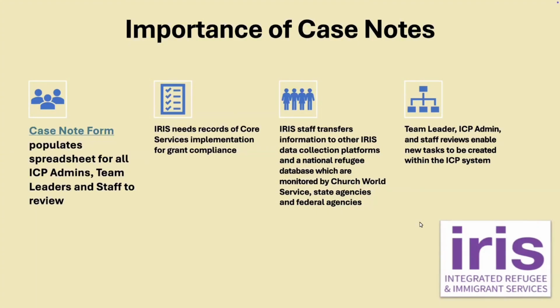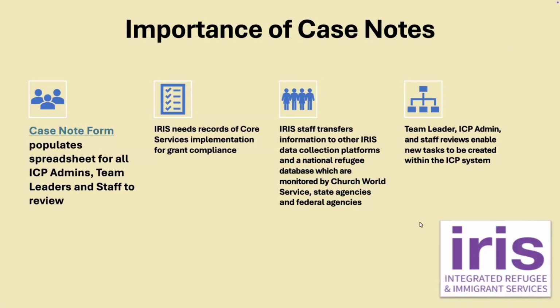In addition to that, Iris does need a record of the core services that have been implemented with clients. We need that for our grant compliance issues. There are still several grants that are in place that allow Iris to keep the programs that are still operating flowing in the most efficient way possible.